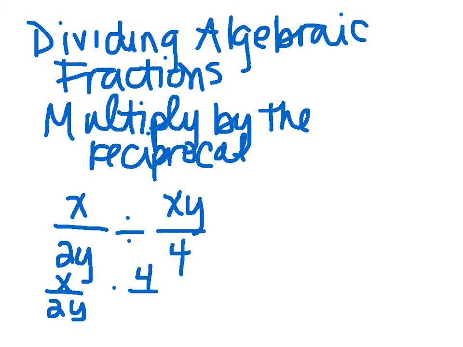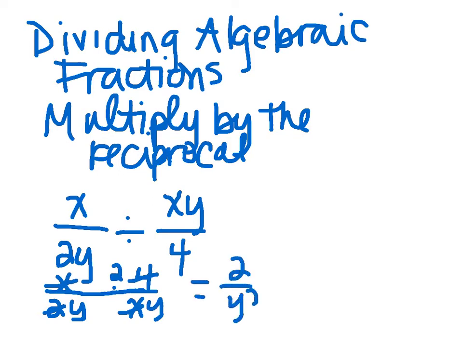I flip the second fraction. And after that, I just do exactly what I've been doing last night. So the x's cancel out. And notice these two y's are both on the bottom, so they don't cancel out, but the 2 cancels with the 4. When I multiply across, I have 2 over y squared.